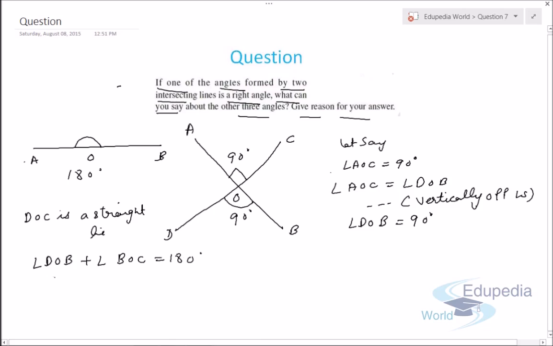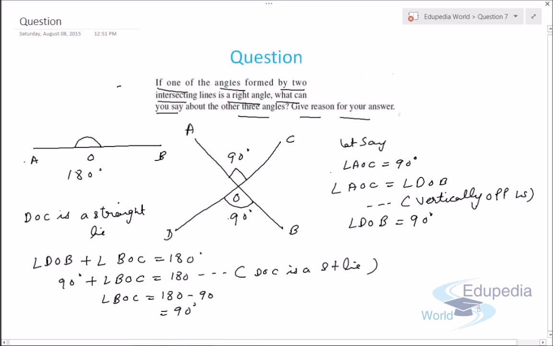So angle DOB is 90 degrees plus angle BOC is 180 degrees. Why? Because DOC is a straight line. So angle BOC will be equal to 180 minus 90, which is 90 degrees. So we got angle BOC is also 90 degrees.